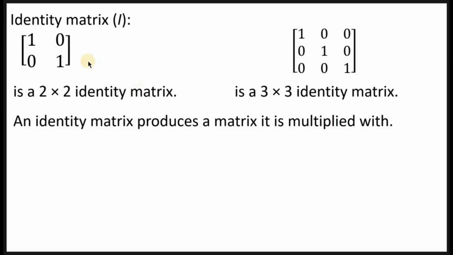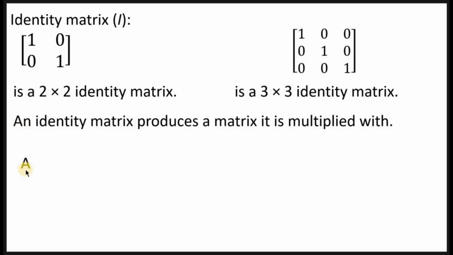So when you multiply this identity matrix with a normal matrix, the final answer should be that normal matrix. It is as though you never multiplied that matrix with anything, or as though you multiplied that matrix with 1.